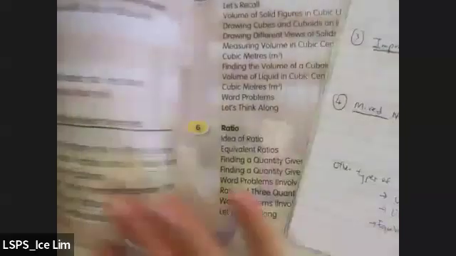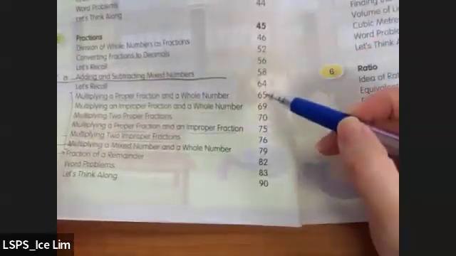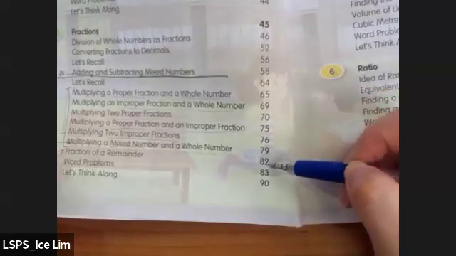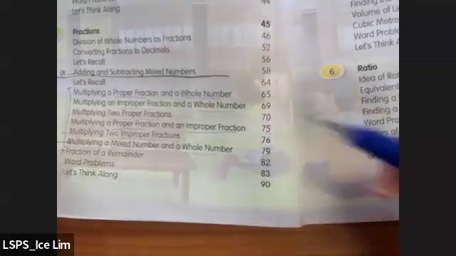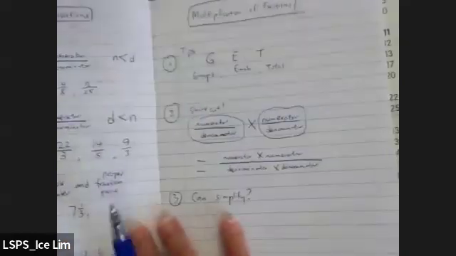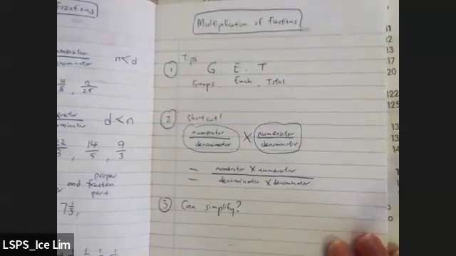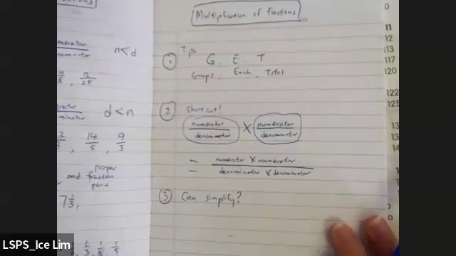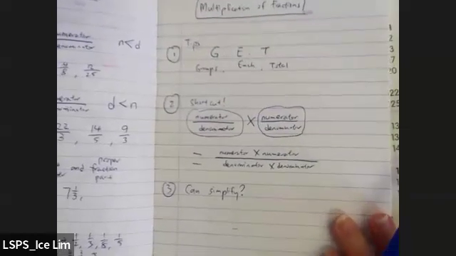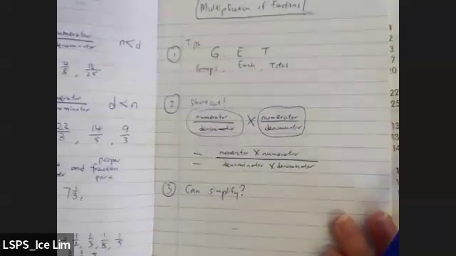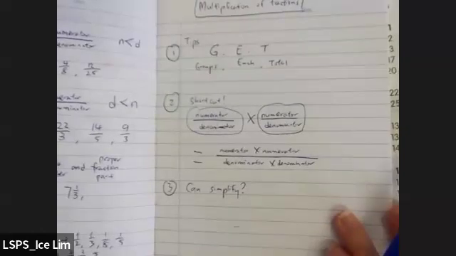All these pages from 65 all the way to even 82 or 83, all these problems, ask yourself these 3 things, or memorize just these 3 things. Tip number 1, group each total. Tip number 2, numerator times numerator over denominator times denominator. Number 3, can simplify. That's all.